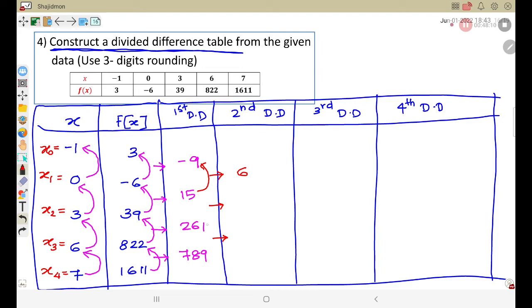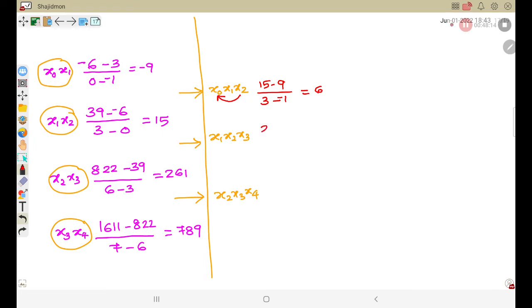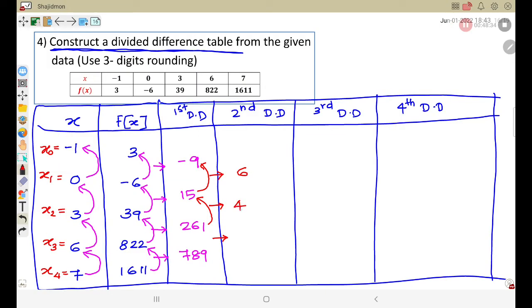Now in the same way, 261 minus 15 divided by x3 number minus x1 number. x3 number is what? 6, minus x1 number which is 0. You will get here 41. So I can write here 41.